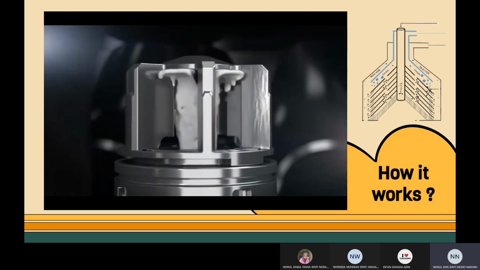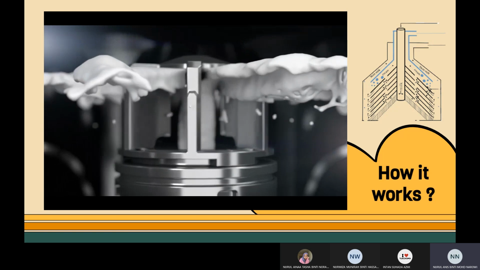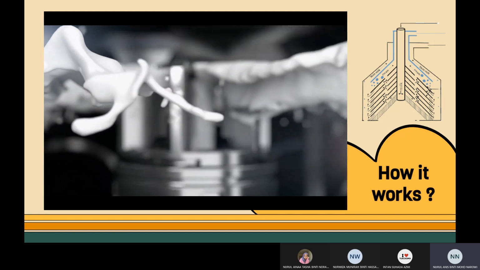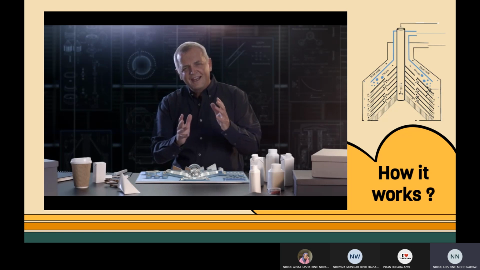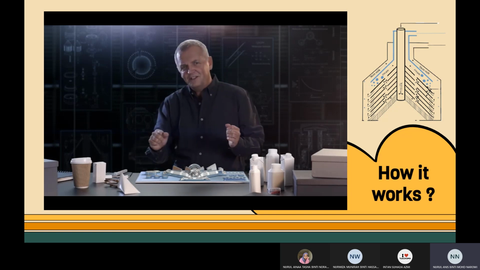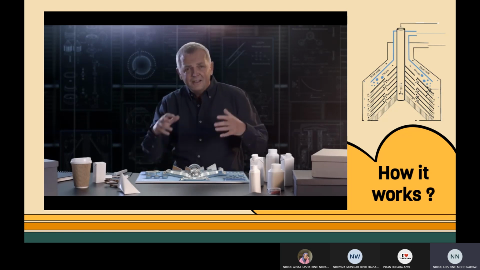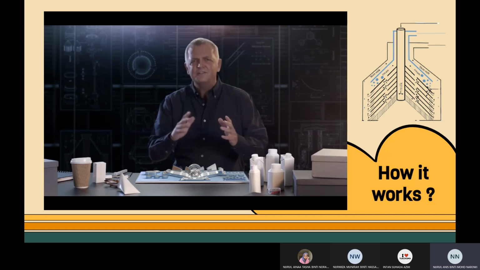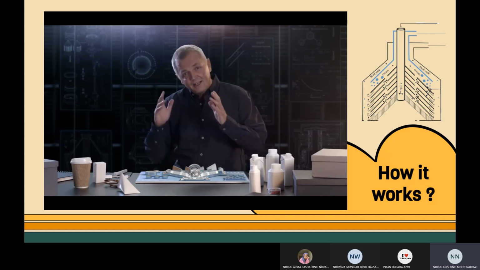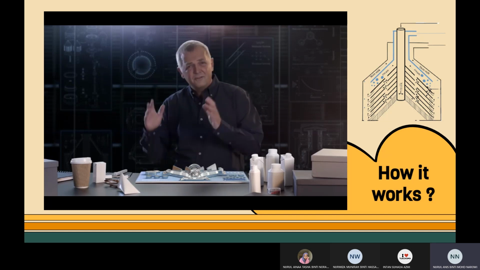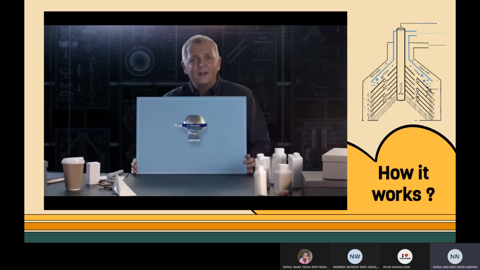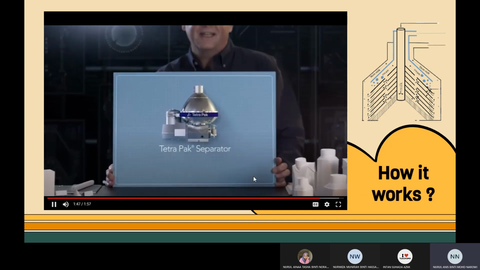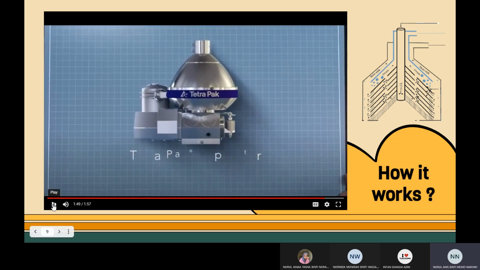It goes with the centrifugal force rather than battling against it. It's a gentler process and it slashes your energy consumption in half. It even works for a very challenging process like cold milk separation at 5 degrees Celsius. To find out more about the magic inside the Tetra Pak airtight separator.